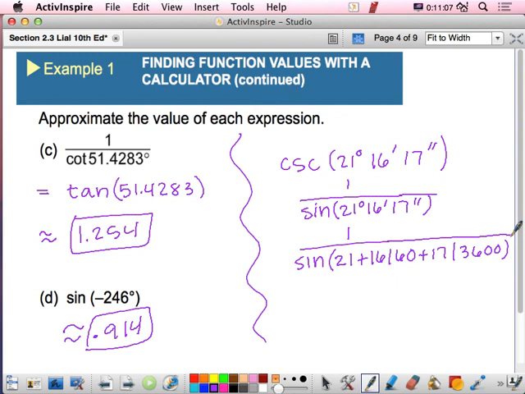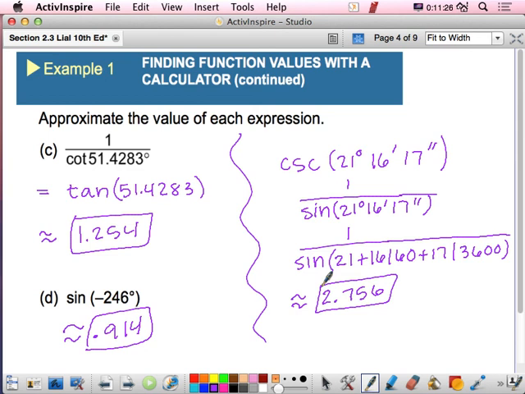You should be able to hit enter there, and it should give you approximately 2.756. And that's pretty much all you need to know to help you get through finding any of the trig functions using a calculator if you're given the angle.